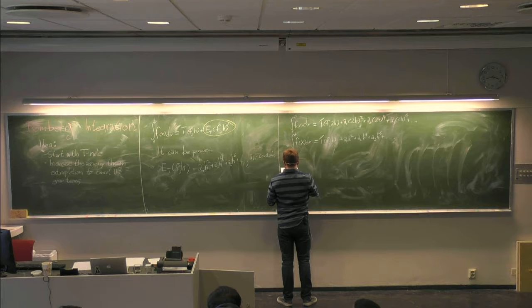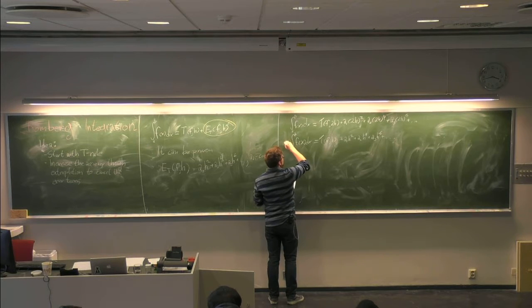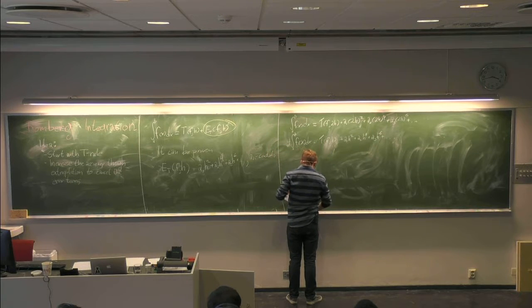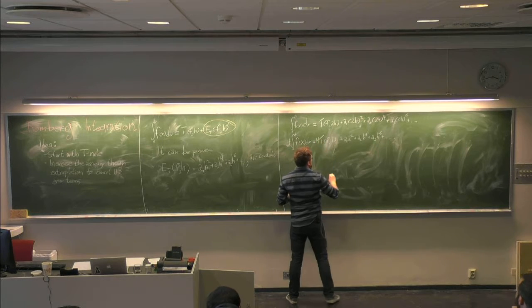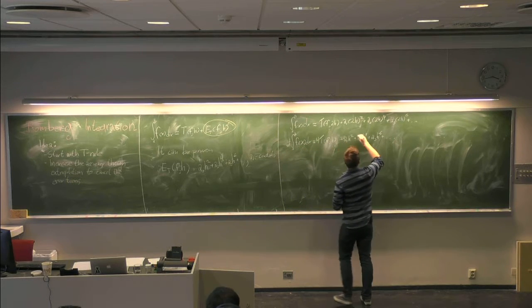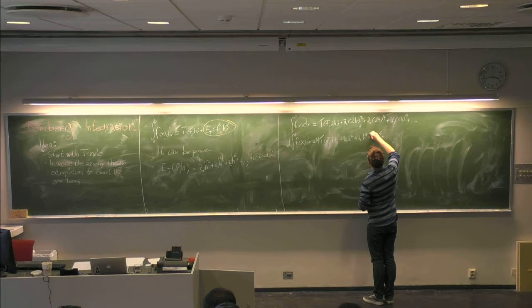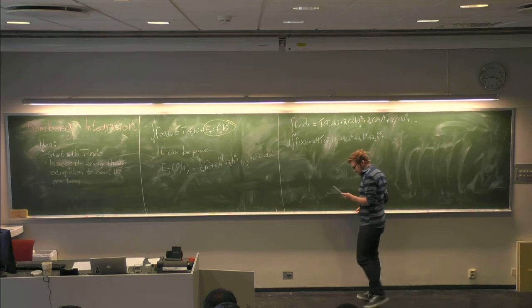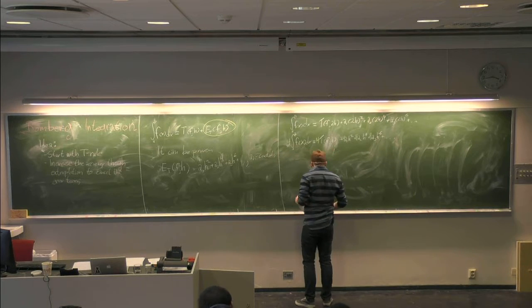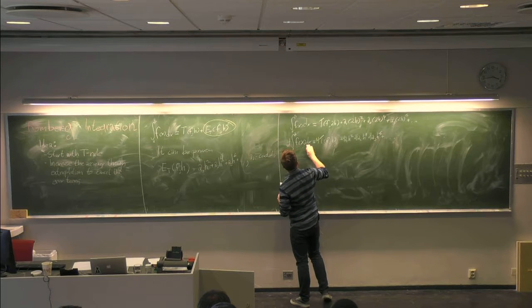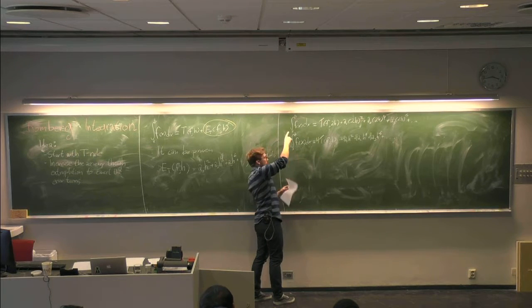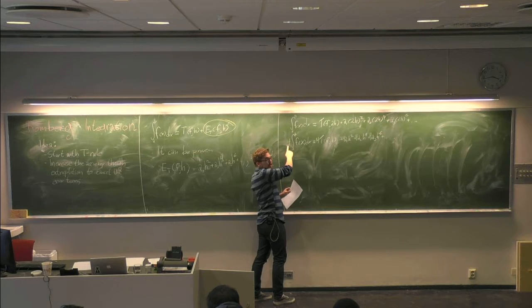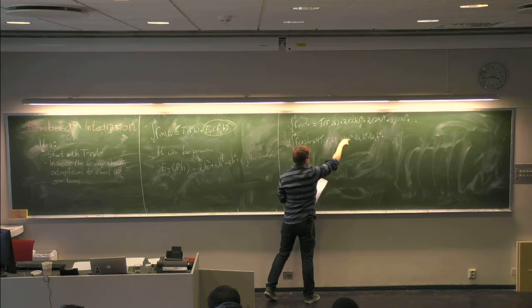So if we multiply this with 4, we will have 4 of these, 4 of these, 4 of these, and 4 of these. If we take this one minus this one, this term is going to be cancelled.